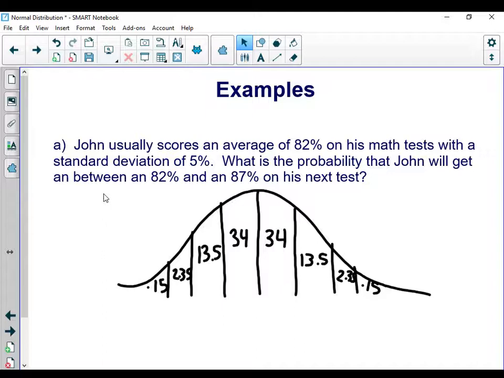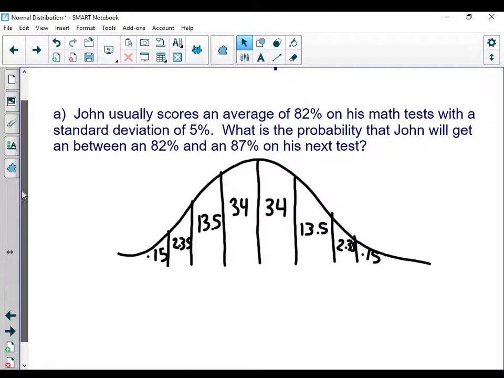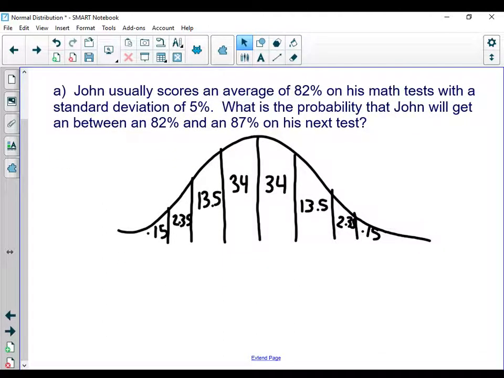This is what I was saying, how simple it is with the next part. They're telling you that the average, or the mean, is 82. So that goes right here in the middle. Then the standard deviation, remember that's how much we're deviating from the mean, is just a 5.